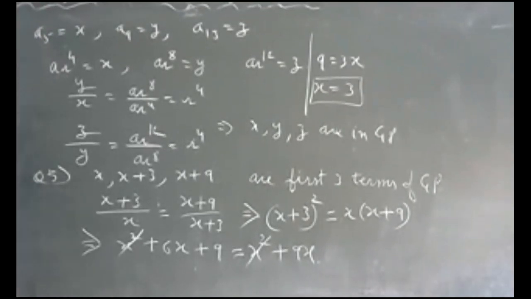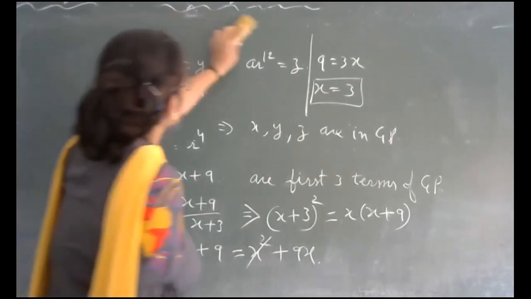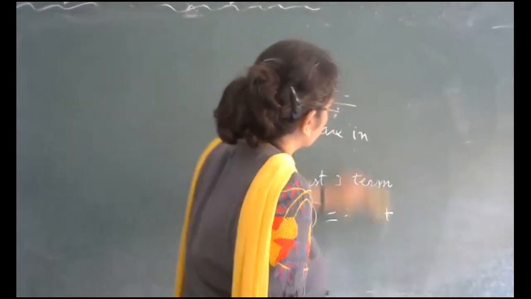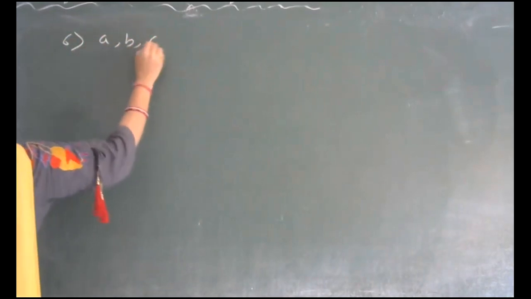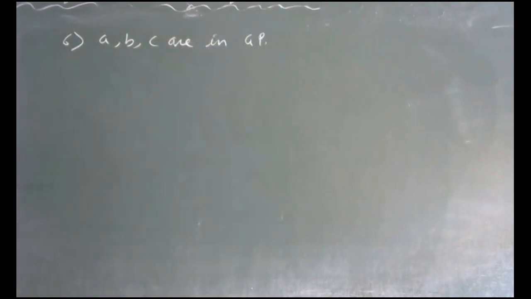Next question, question number 6. A, B, C are in GP, then log A, log B, and log C. A, B, C are in GP.